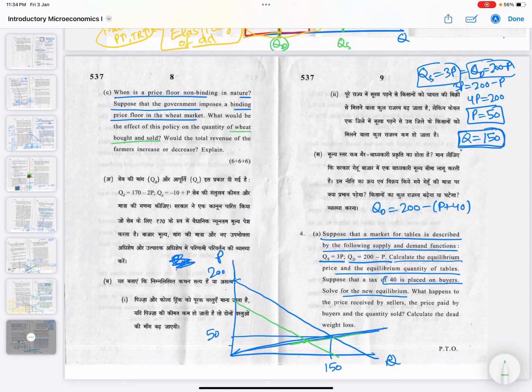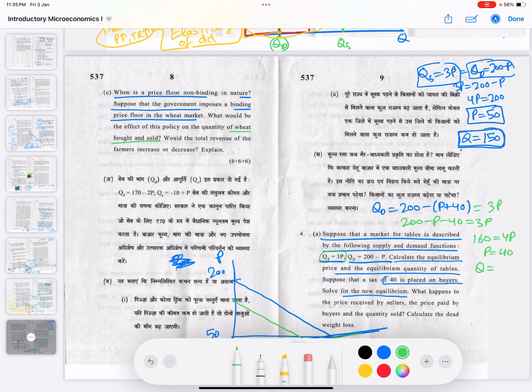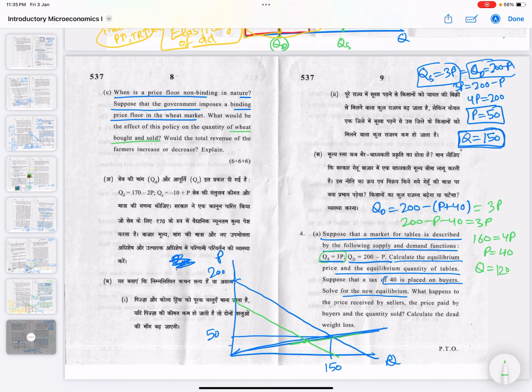So this should equal 3P. 200 minus P minus 40 equals 3P. So 160 equals 4P. So P is coming out to be 40. And quantity, putting in the supply function, is coming out to be 120.